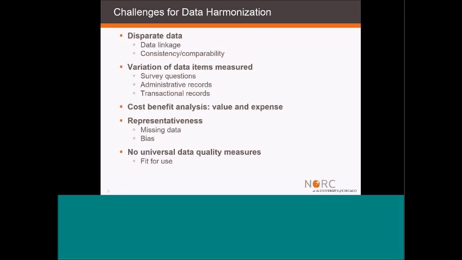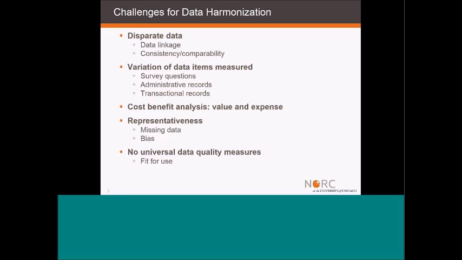And as I mentioned, ideally that allows us to get the data we want in a less expensive manner, but it may not necessarily always be the case. So we need to do some sort of cost-benefit analysis.